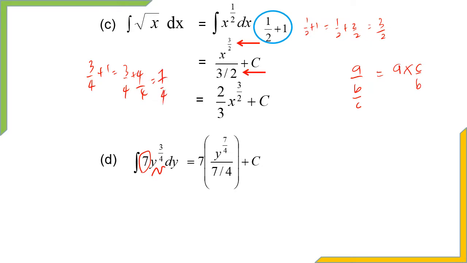That's why we have y to the power of 7/4 divided by 7/4. This 7 can be cancelled out, so we only have 4 multiplied by y to the power of 7/4, plus c. The same thing as question C: dividing by 7/4 is the same as multiplying by 4/7.